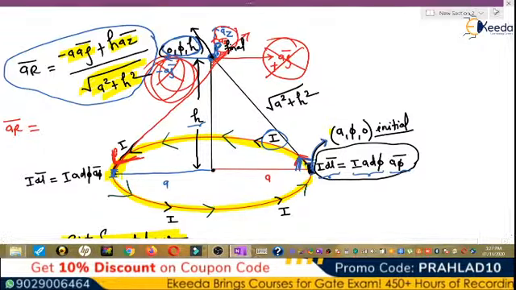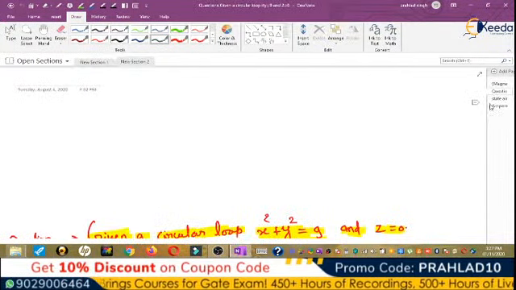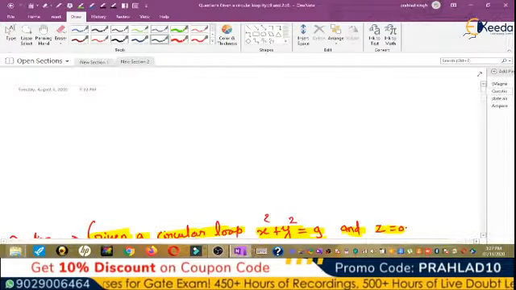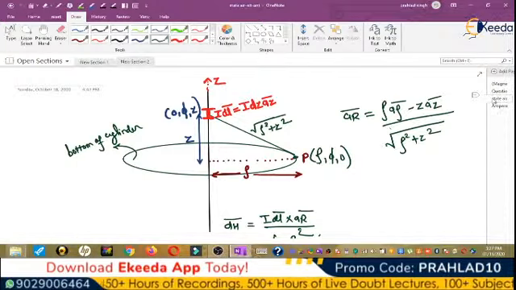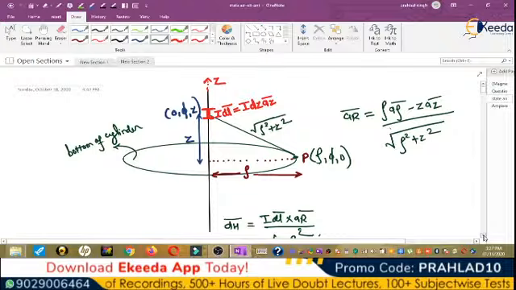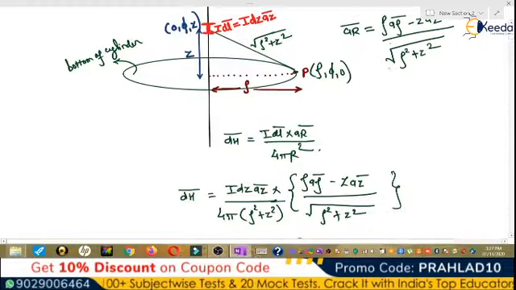We have to calculate the magnetic field intensity. Okay, so we can get the value of a_R vector. It is minus rho a_rho plus z a_z by under root of rho square plus z square.